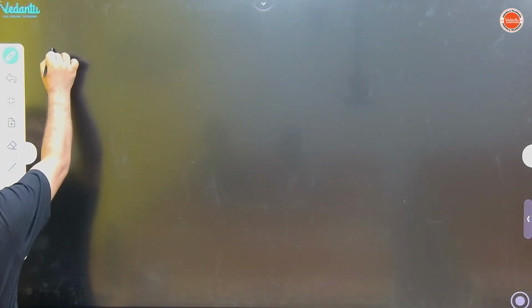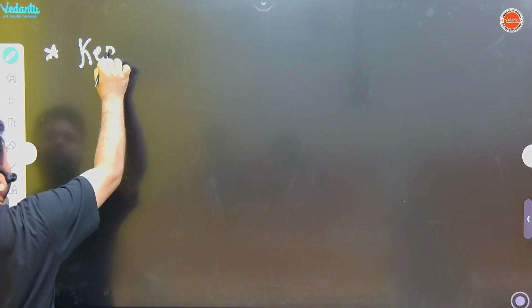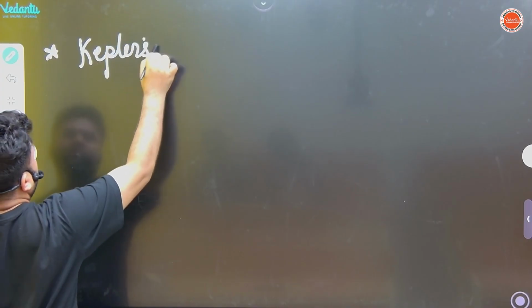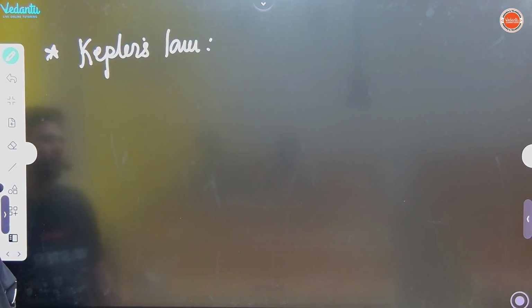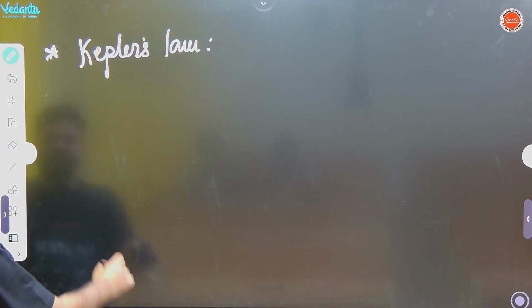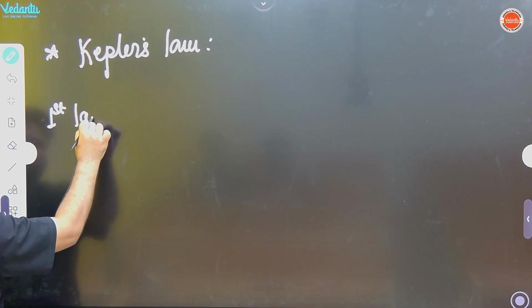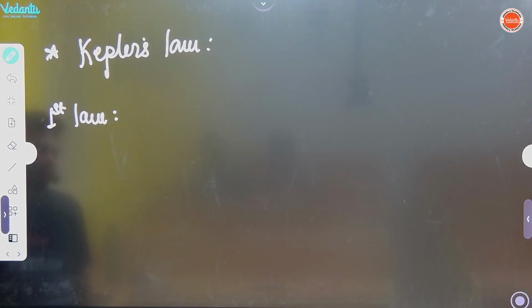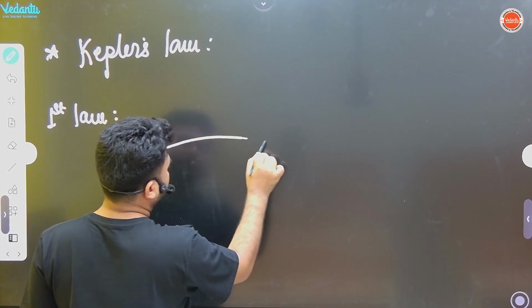Next we have Kepler's law. First law, Kepler's first law: planets move around the sun in an elliptical path.